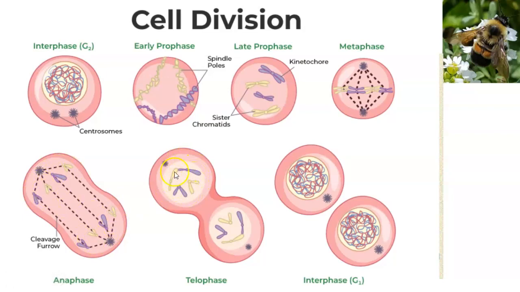And so you're forming two nuclei, and then the cytoplasm pinches off. That's called cytokinesis, and forms two distinct new cells. So basically, during cell division, genetic information that's been copied from the DNA gets separated into two separate cells. So now the two cells have exact copies of the DNA in those chromosomes to then have instructions for that cell to function fully.